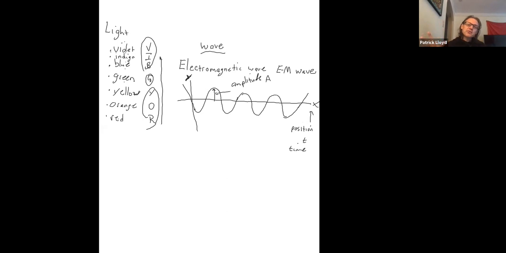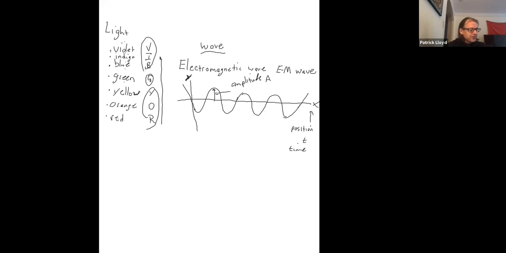So electromagnetic waves are in some way different from many of the other types of waves that you're familiar with, sound waves, or water waves, right? Electromagnetic waves are actually able to propagate through space itself. And that gets into some deep stuff, but it's moving through time, but also moving through space.